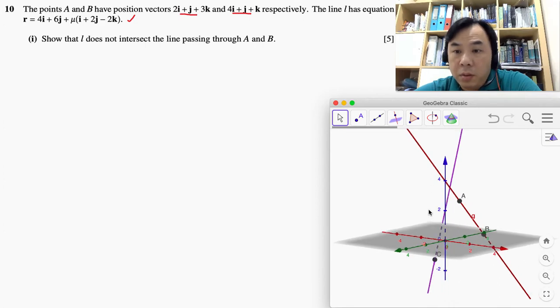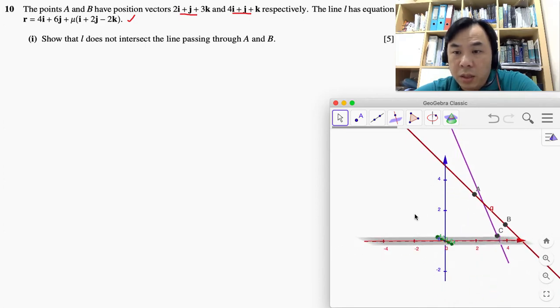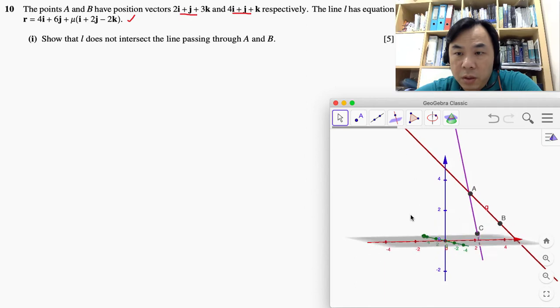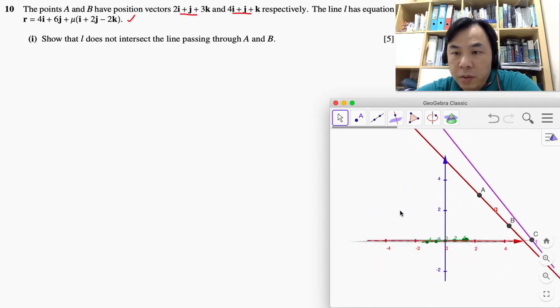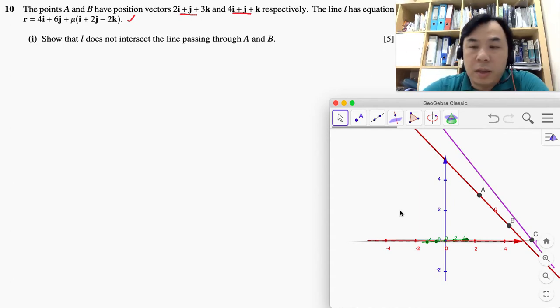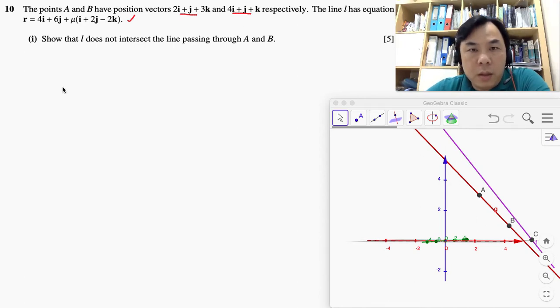But if you look closer, or turn and look at it from another perspective, they are actually not intersecting. That is our visual representation of the line represented by that equation and the line that passes through AB. How are we going to prove that they are not actually intersecting? This is how we are going to do it.